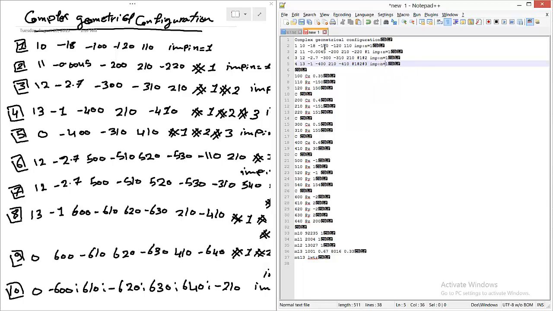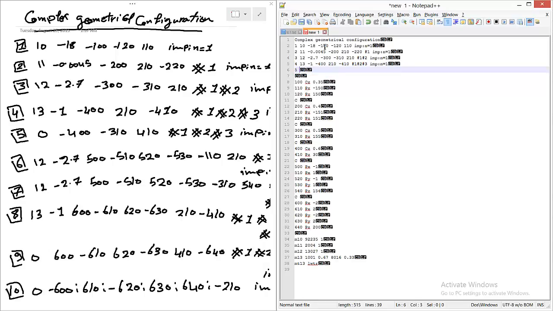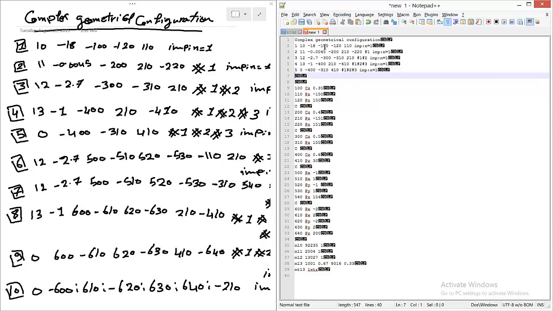Importance of the neutron equals 1. Cell number 5 was a void, negative 400, negative 310, positive 410, excluding cells 1, 2, and 3. Importance of neutrons equals 1.